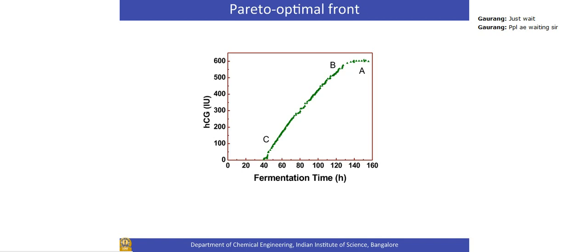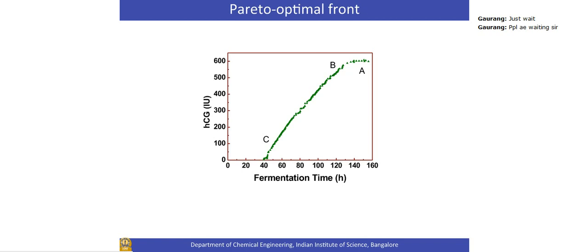And this is true for all these operating times. For example, one of the things this tells us is that to get any amount of protein, the minimum time required is 40 hours. If your operating time available is only 40 hours or less, forget about making this product. You go for some other product.